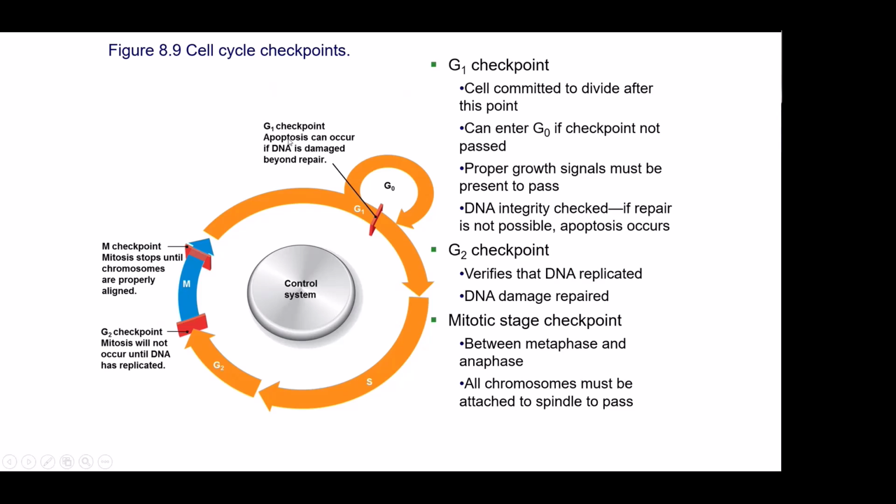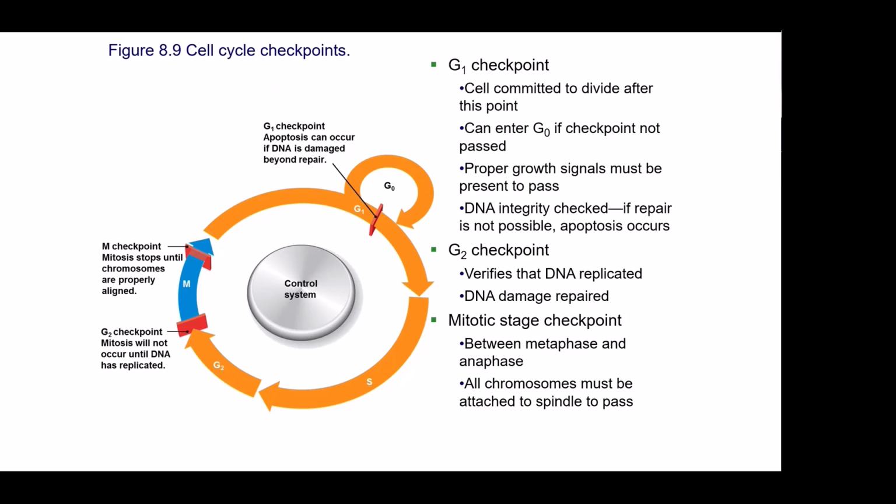Apoptosis. What does that mean? Apoptosis is cell death. Apoptosis is when you have the destruction of cells or cellular material within the actual process of the cell cycle.